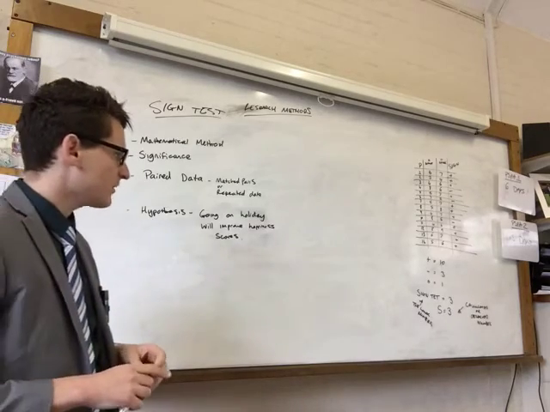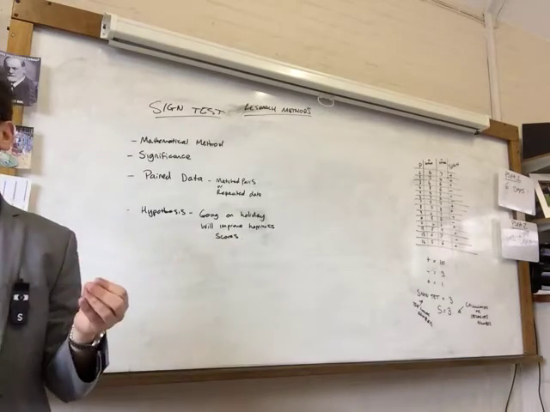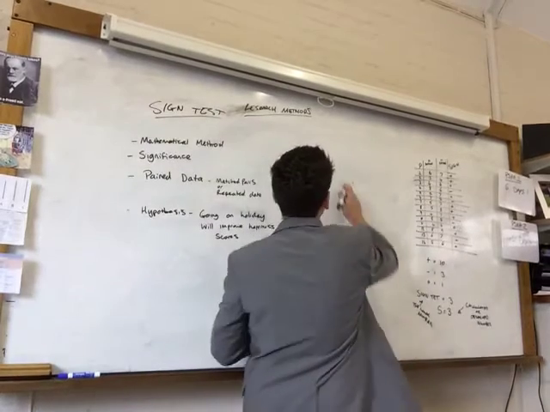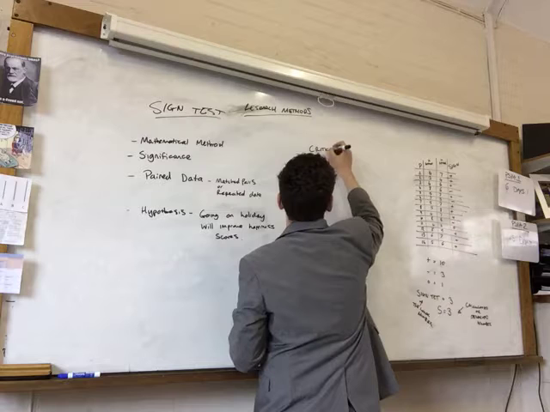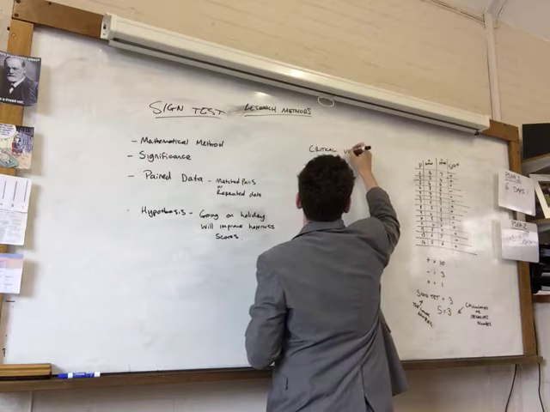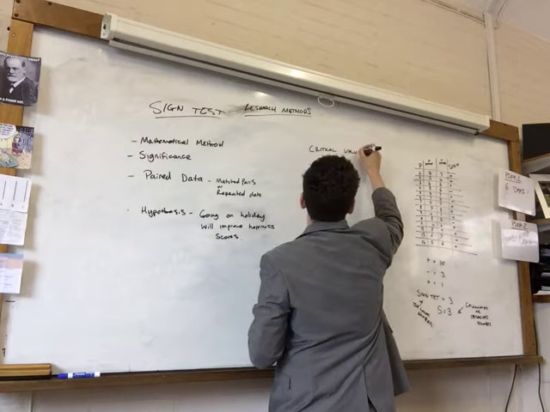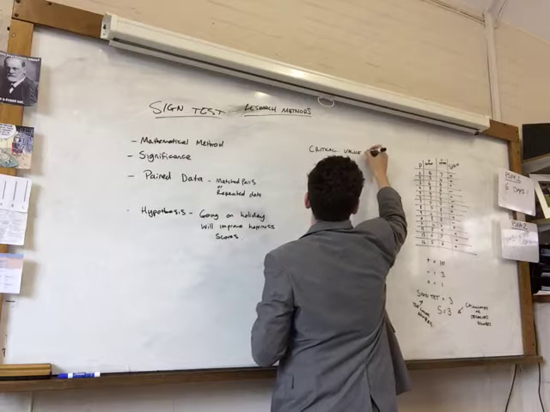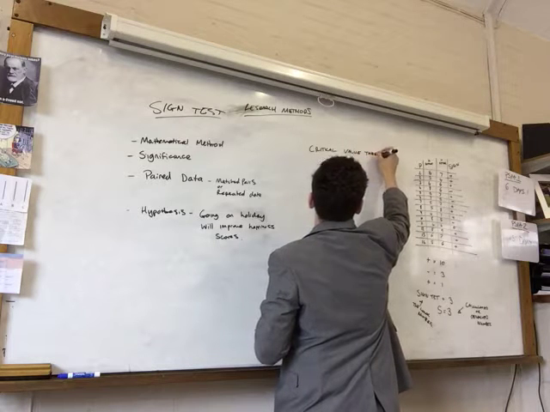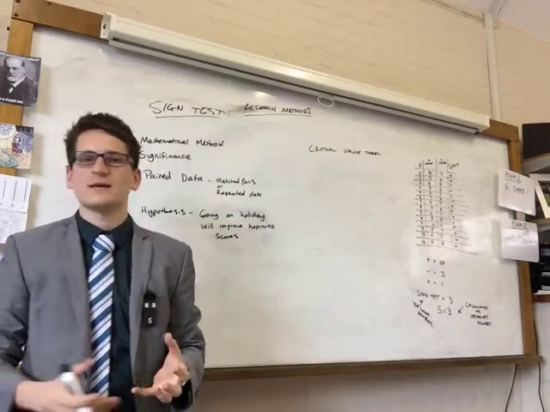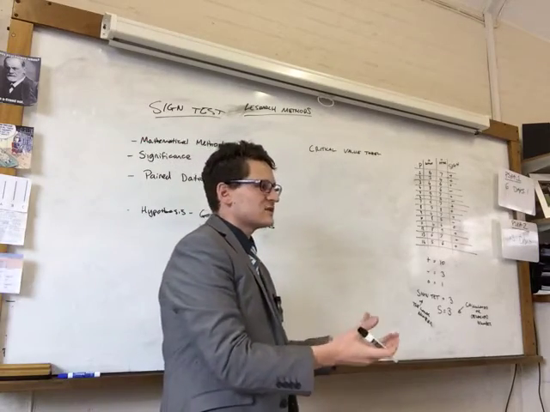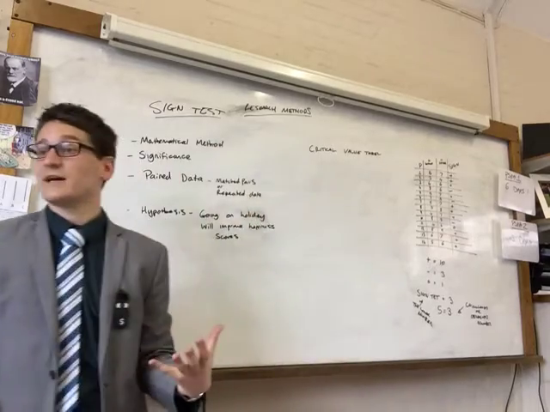Brilliant. So to do this we need to look at something called a critical value table. Again, it sounds like a big confusing term, but it's not that confusing.